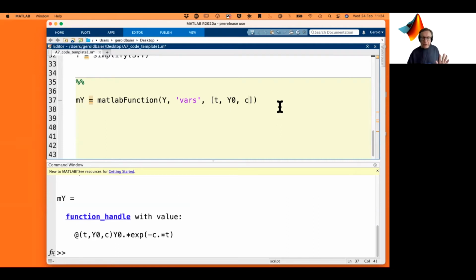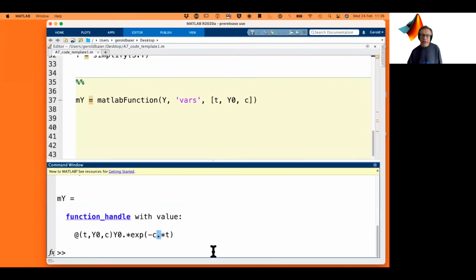So if you execute this code, you can see function handle, and it worked. We have three, in principle, accessible variables, t, y naught, and c, and that function is y naught times the exponential of minus c times t. And you remember that notation for anonymous functions, the dot prior to the operator, meaning element-wise operation.